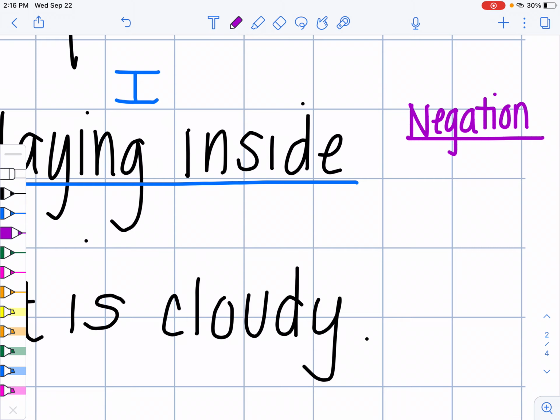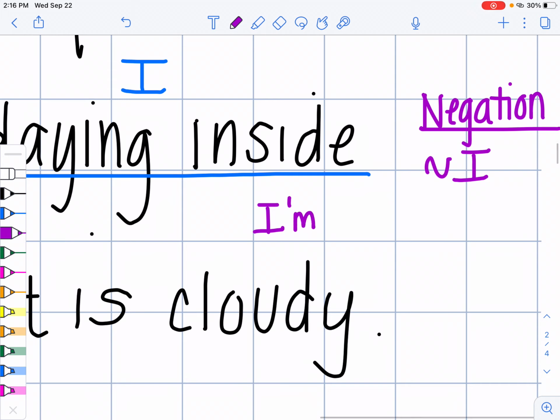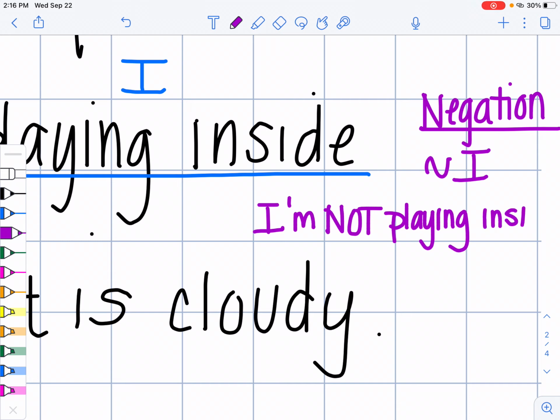The opposite of I am playing inside is I am not playing inside. So if I was using I for playing inside, to negate it, I would write not I. This means I'm not playing inside.